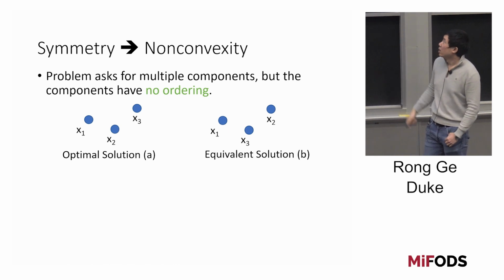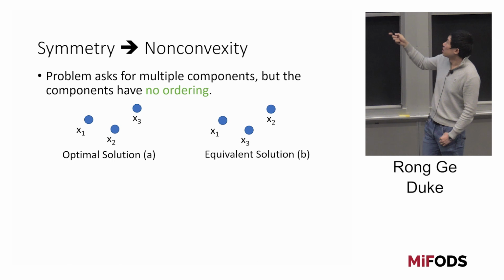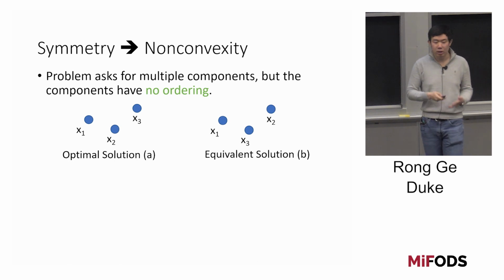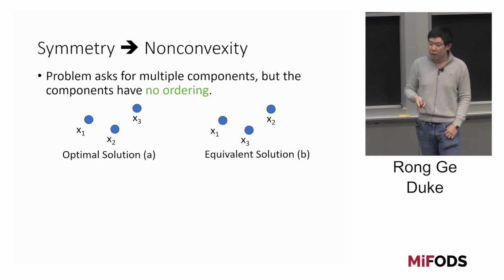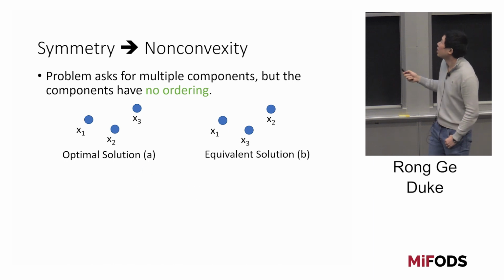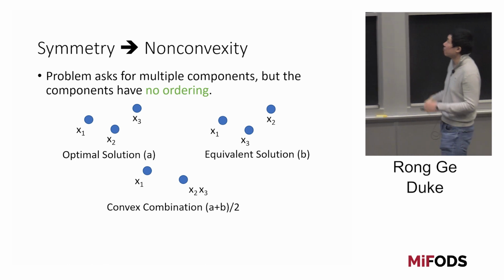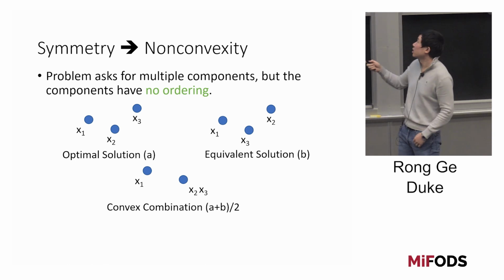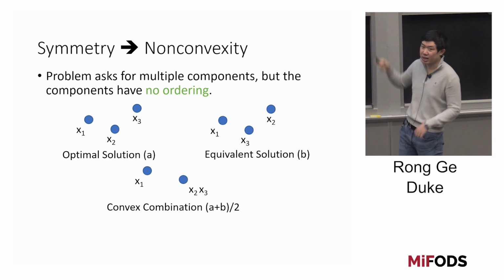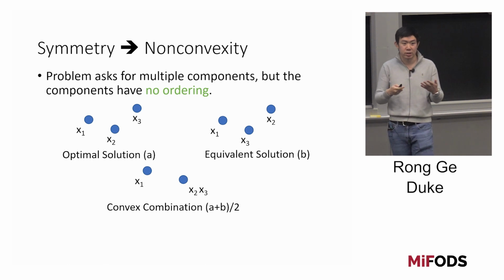But now, since these two solutions are the same, if your objective function is further convex, then we know that the convex combination of these two solutions should also have a good objective function value. But the convex combination of these two solutions is going to look like this. It's going to collapse x2 and x3 to a single center.